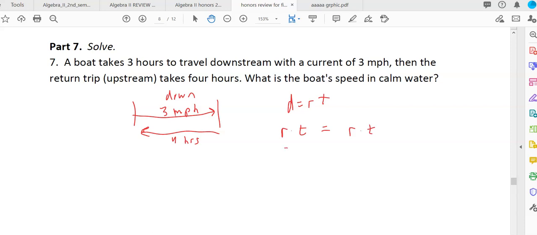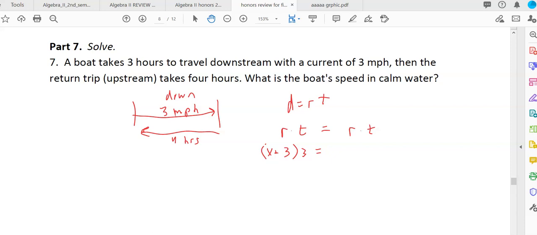So I know the current on the first trip was 3. But it's downstream with a current. So I'm going to call it x plus 3 was the rate. We don't know how fast the boat was going. Times the time, which is 3 hours. And then the return trip, the time was 4 hours.